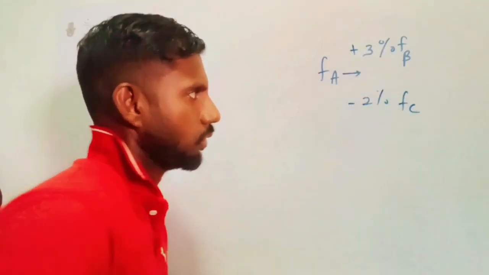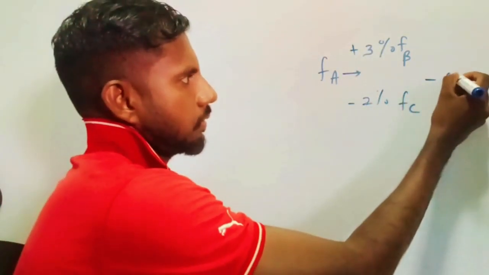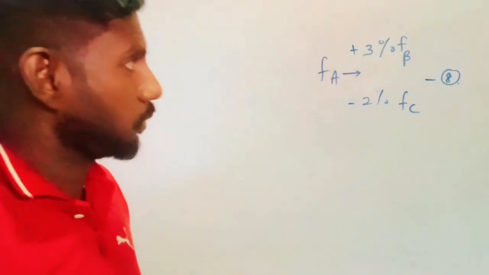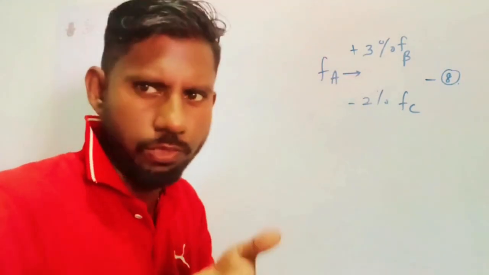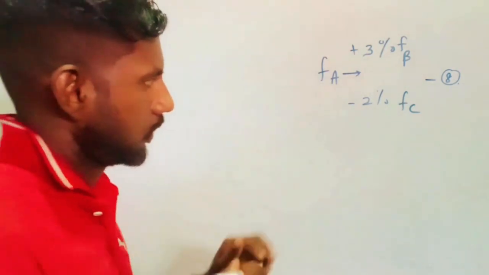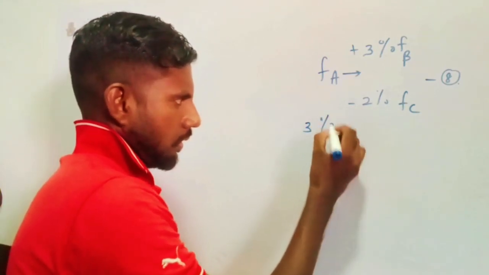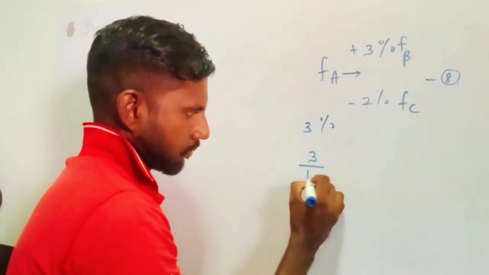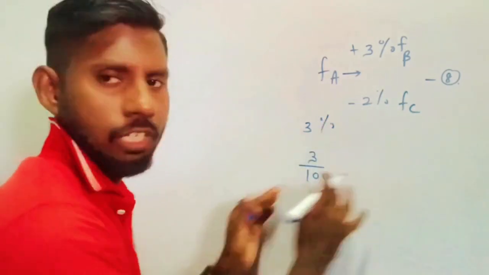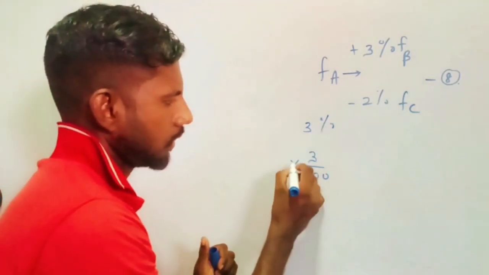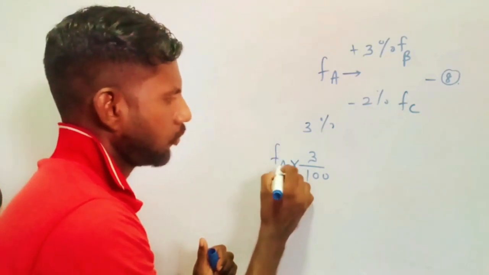So the difference between them is 8. That's what they're saying. So if B is greater, FC is lesser, obviously. 3%. So just like earlier, we have taken 3%. This is the fraction of 3%. So this we have to multiply by FA.